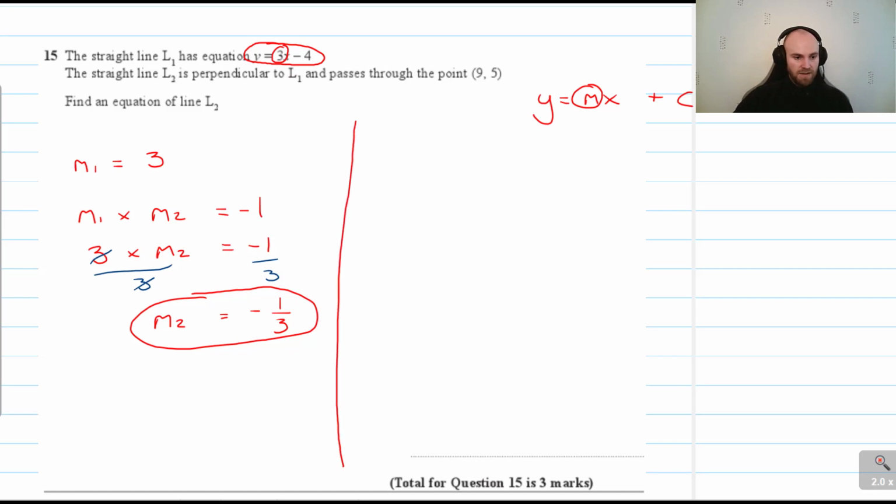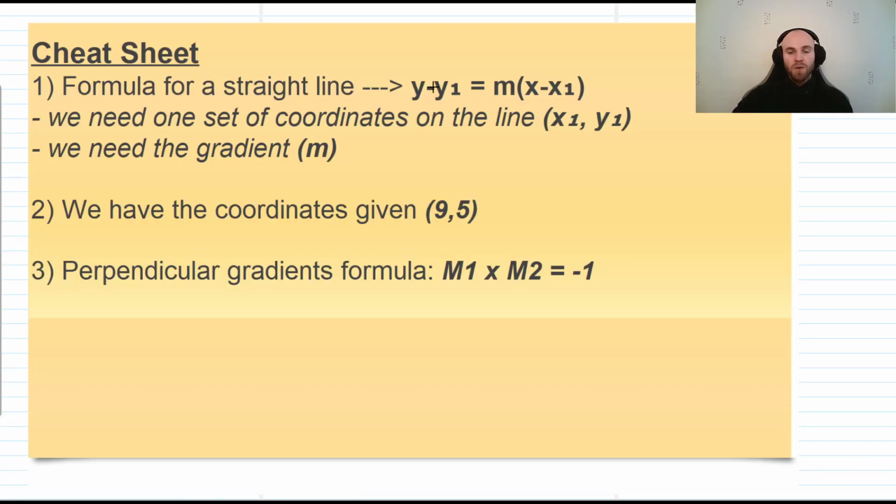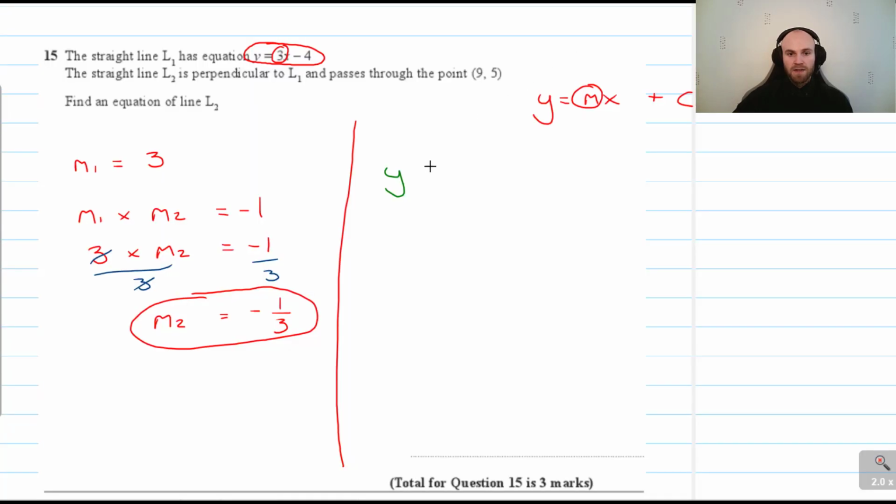Just going to put this into green now. Remember, we had this equation from the cheat sheet: y minus y1 equals m, and then brackets x minus x1. So if I put this to the side, we know that m is minus 1 over 3.